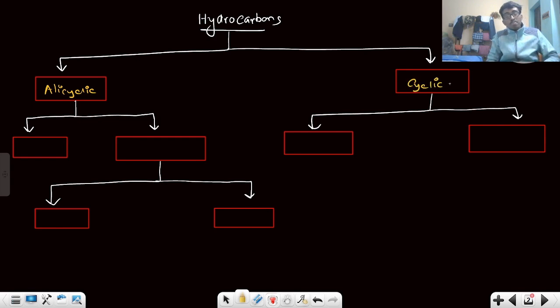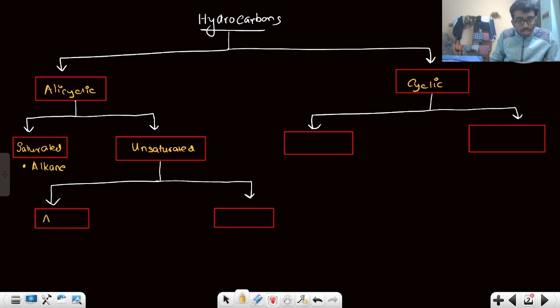Now the second division under alicyclic is saturated and unsaturated. So let's write that. Saturated, unsaturated. Now under saturated, we have only one thing, which is alkane. But unsaturated is further divided into two, that is alkene and alkyne.